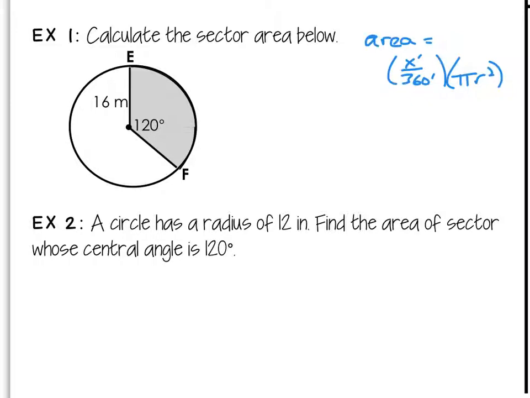All right, so x in this problem is 120 out of 360 times pi, my r is 16 squared.